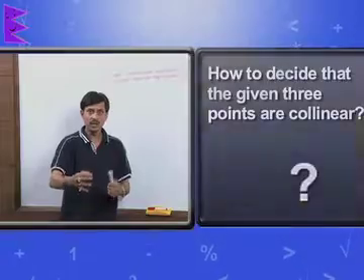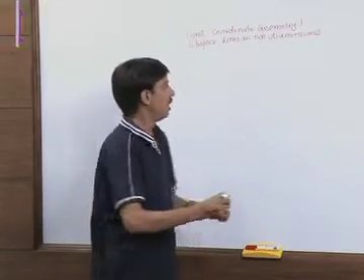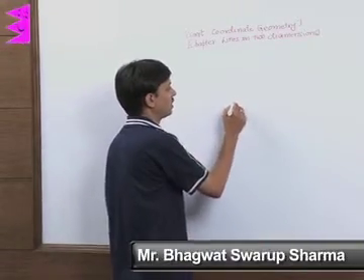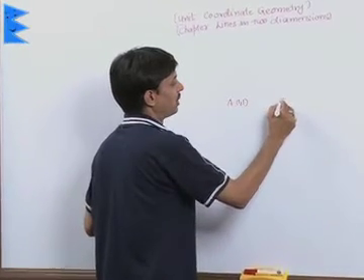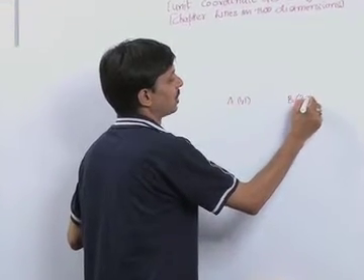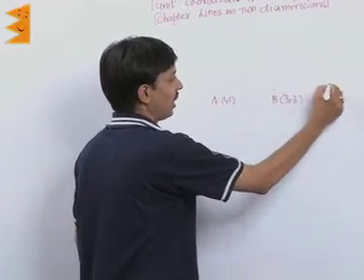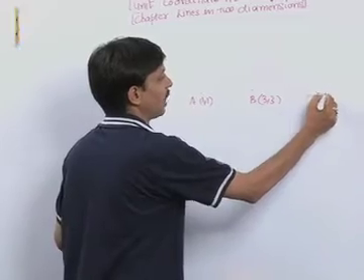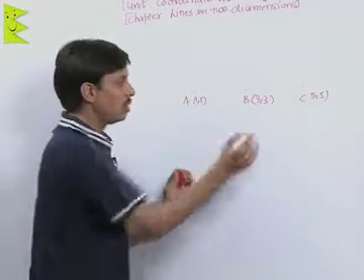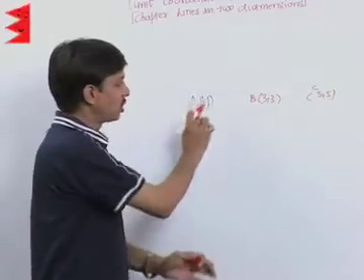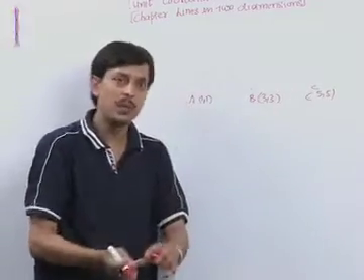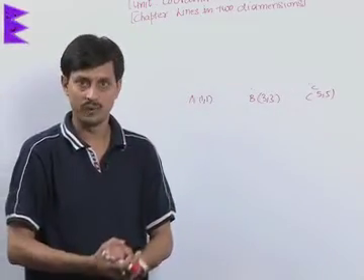If we take one example, suppose there are 3 points: A (1, 1), second point B, suppose coordinates are (3, 3), and another is (5, 5). See how we can say using the distance formula that these 3 points are collinear or not.